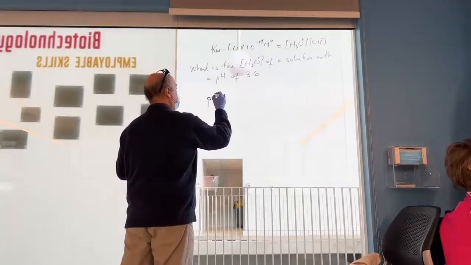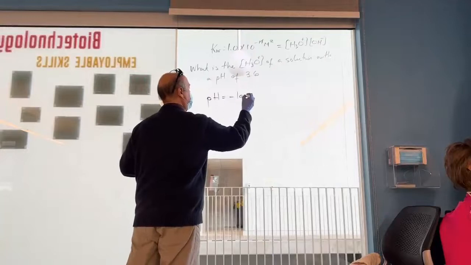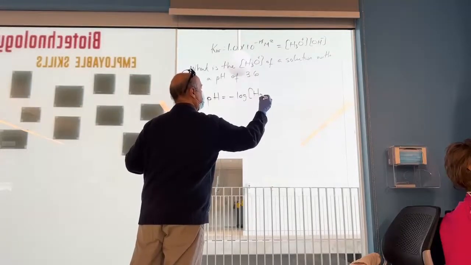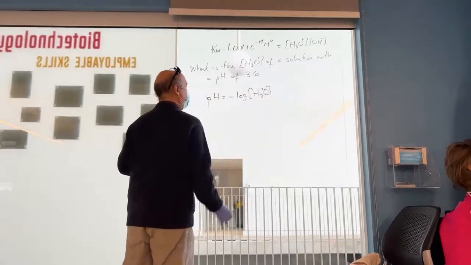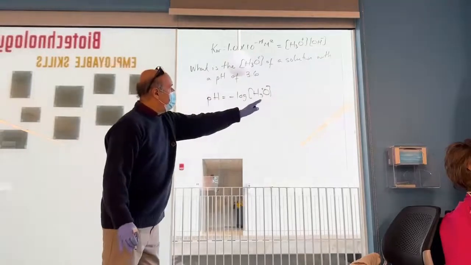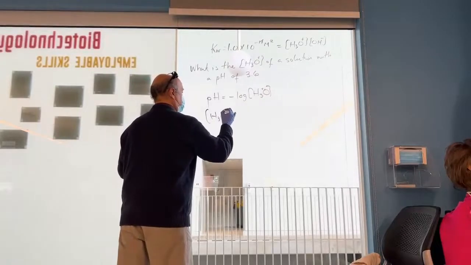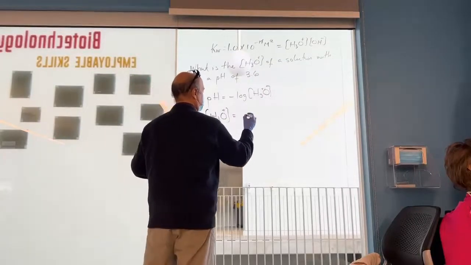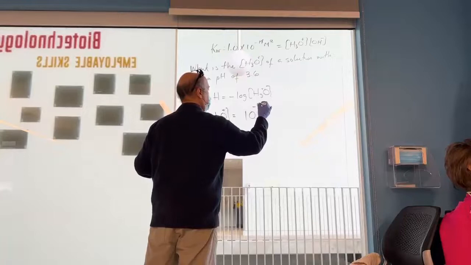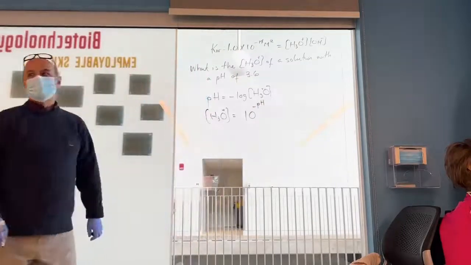So if the pH is defined as the negative log of the concentration of H3O plus, how do we solve for H3O plus? Well, I'm not going to teach you math, I'm just going to solve it. It is 10 raised to the negative pH. That's the antilog.